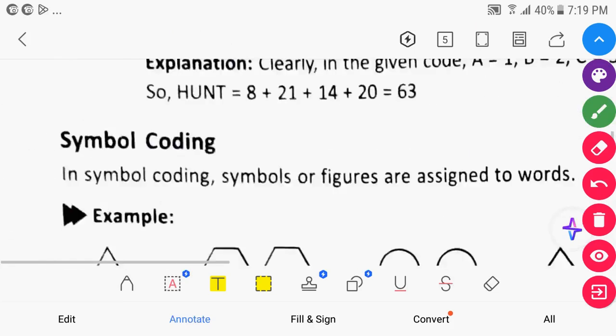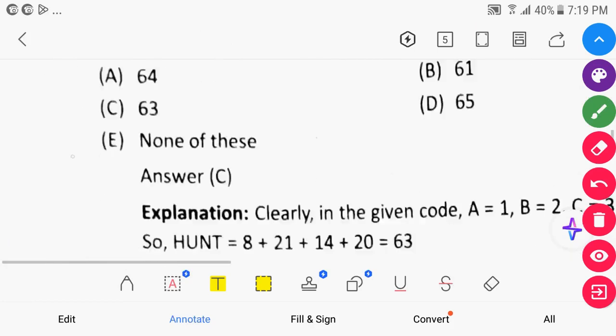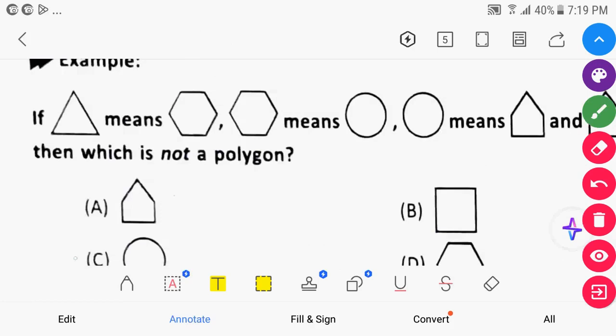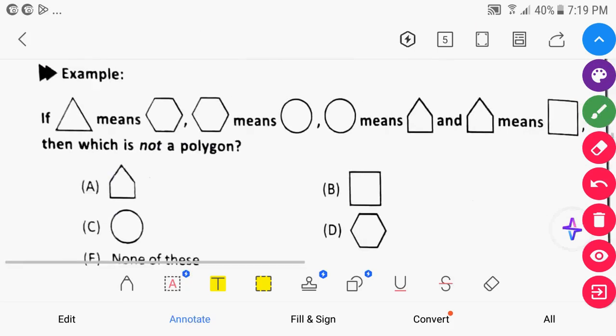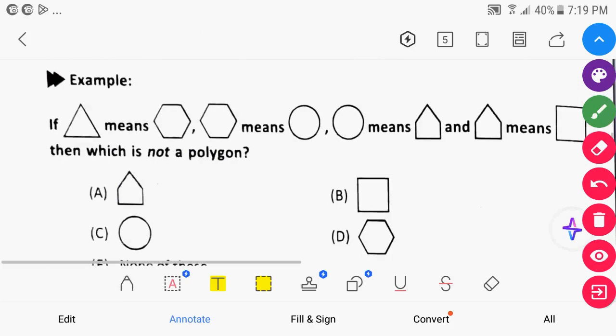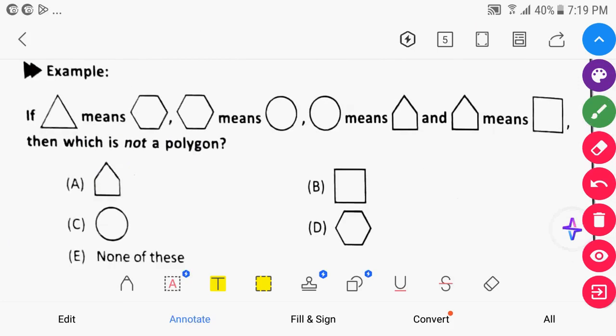Now the next pattern is based on symbols. Again, like triangle means hexagon, hexagon means circle, circle means pentagon, pentagon means square. So then which is not a polygon?